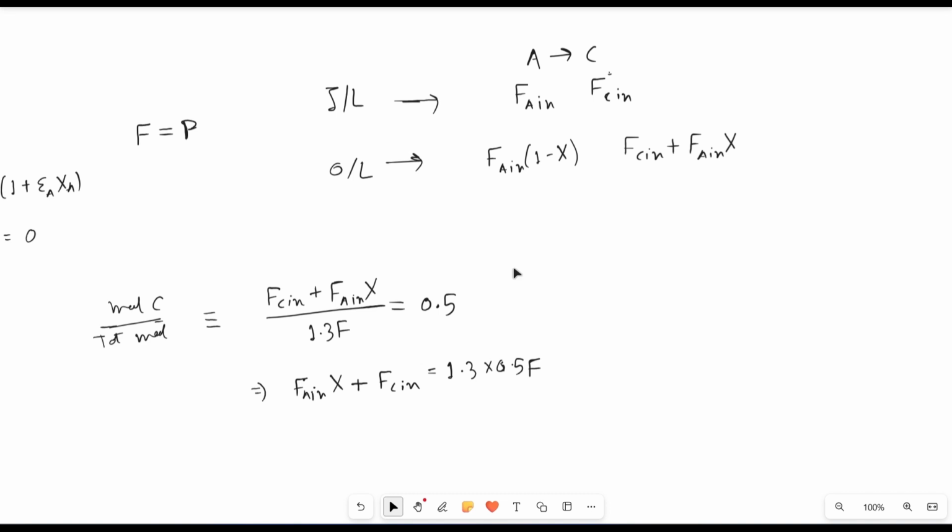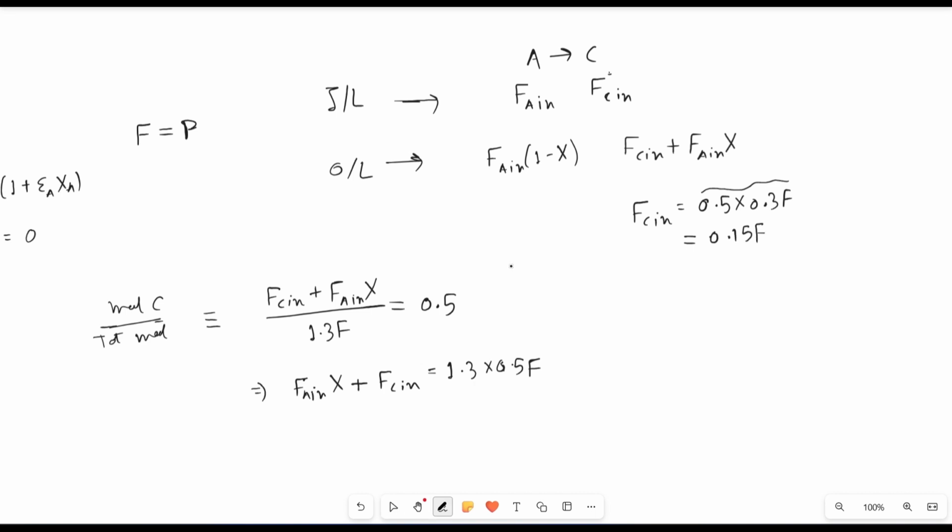So FC in is equal to 0.5 times 0.3 F. This is the C inlet. There is no external or extra C added in the system; only A is fed to the system. So this is equal to 0.15 F.